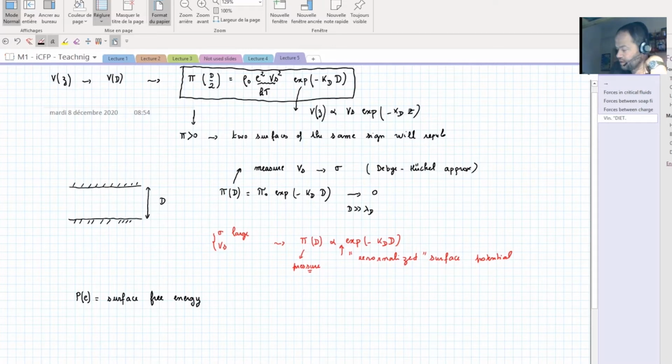And the relation between the free energy and the pressure is simply that dP over dd is minus the pressure.